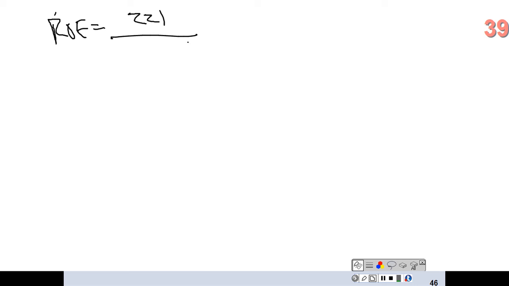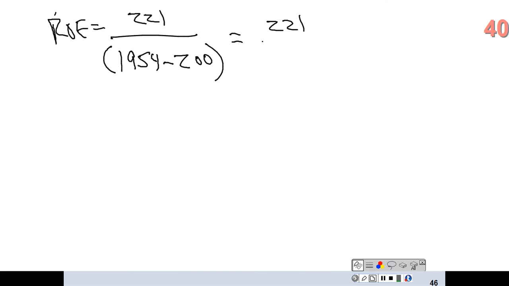So we've got to make a slight adjustment here, because if you take a look at your balance sheet, at the bottom, it's going to say total stockholders' equity of 1954. But further up the balance sheet, it's going to say preferred stock 200 or 200,000. So in this case, this is just the return on common stock equity. So we need to subtract from that the 200 of preferred stock equity. So that's going to leave us with 221 divided by 1754.